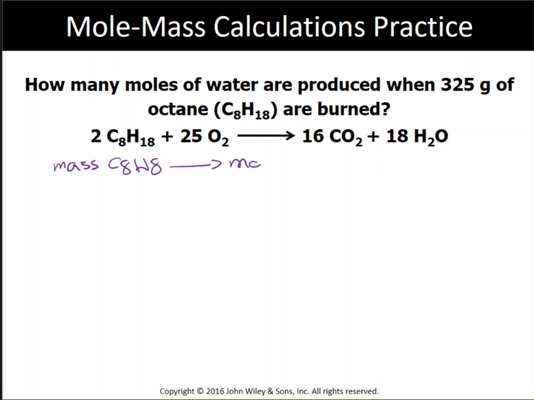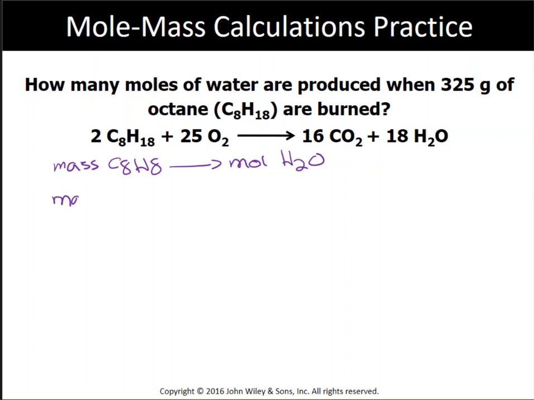And we're trying to find moles of water. So in order to find moles of water, we have to have the moles of octane, because once we have moles of octane, we can do molar ratio. But we're given the mass of octane.